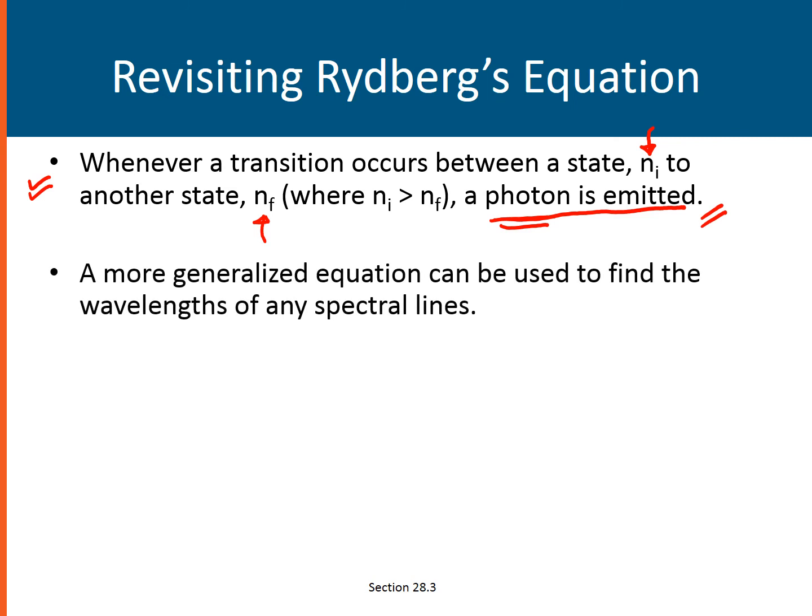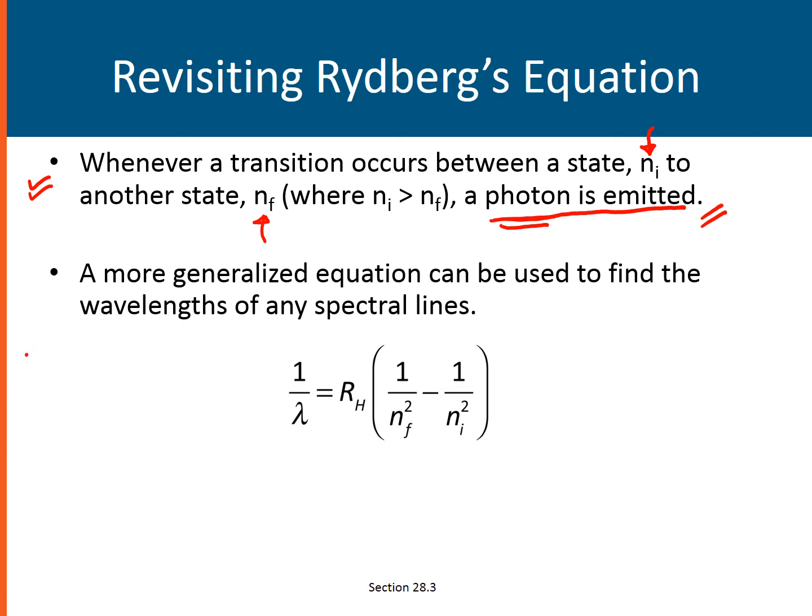And the wavelengths of these specific photons can be solved using Rydberg's equation, which is 1 over lambda is equal to R_H, the Rydberg constant, multiplied by 1 over n final squared minus 1 over n initial squared.